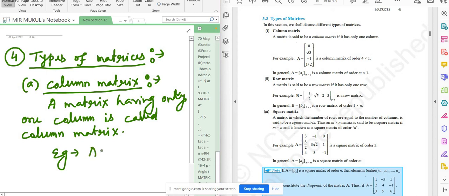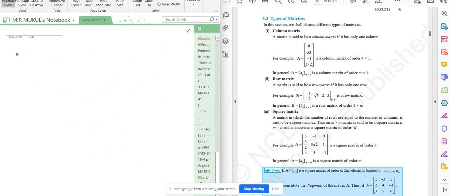Example, like A equals 2, 3, 5. Only one column. The number of rows can be anything, either 1, 2, 3, 4, 5, whatever, but the column will be only one. Then that matrix is called a column matrix.